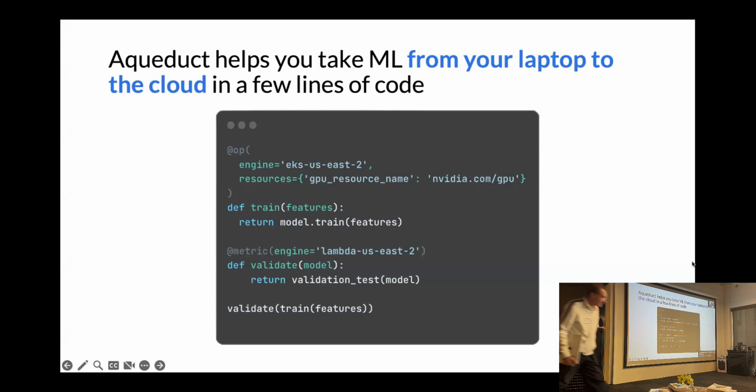This is obviously a simplified example, but to specify your custom parameters, for example for Kubernetes engines and others, it's also part of the decorator specification. So in addition to the engine, you can specify which Docker image you want it to run on if you have custom Docker images, and maybe the pod affinity and tags. We don't have all of the features I just described, but this is definitely work in progress.